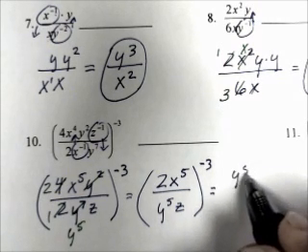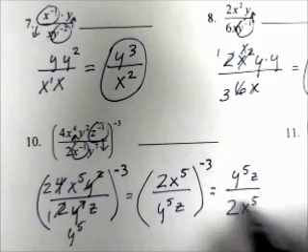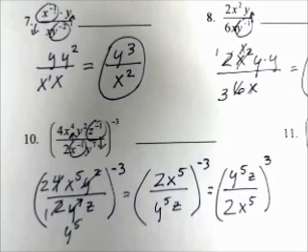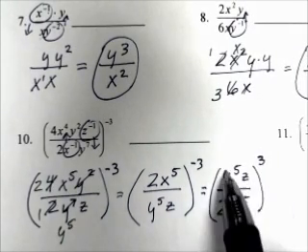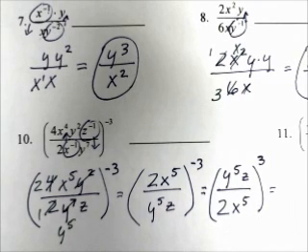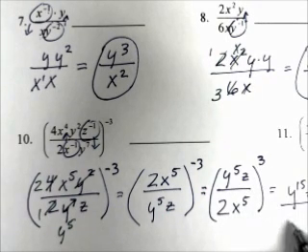So we have y to the 5th z over 2x to the 5th to the +3, and we still have to distribute the 3. So we have a final answer of y to the 15th z to the 3rd over 2 to the 3rd, which is 8 x to the 15th.